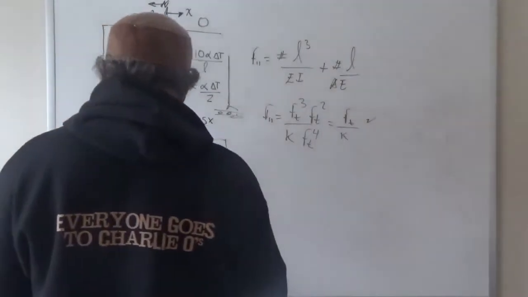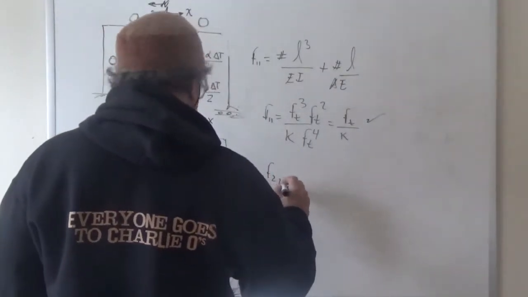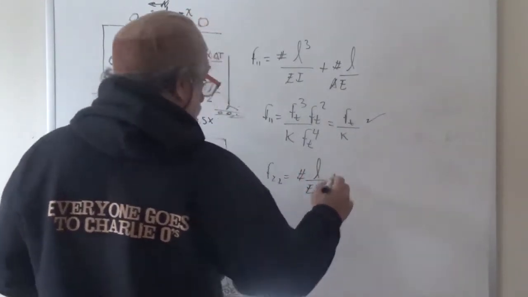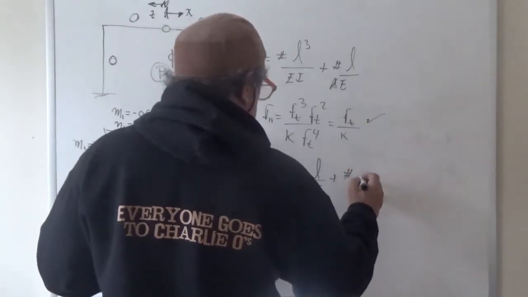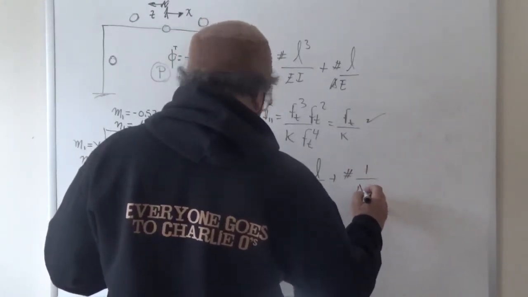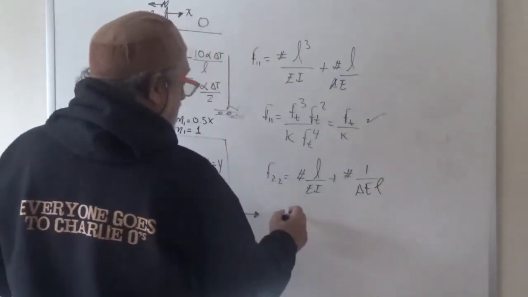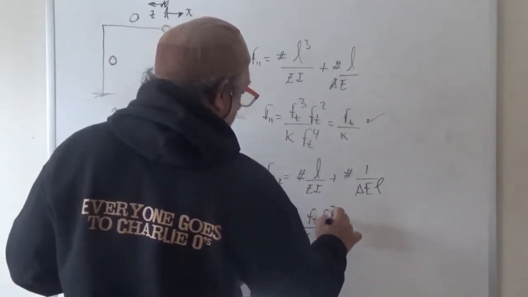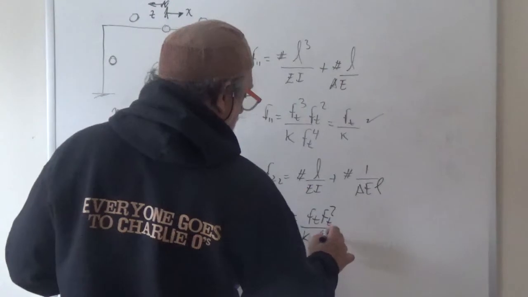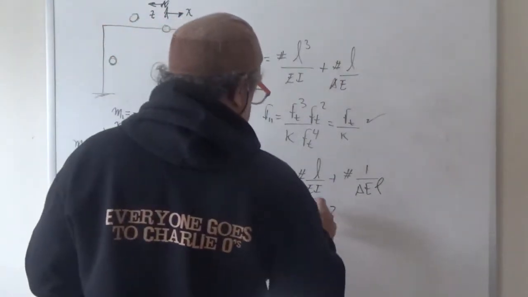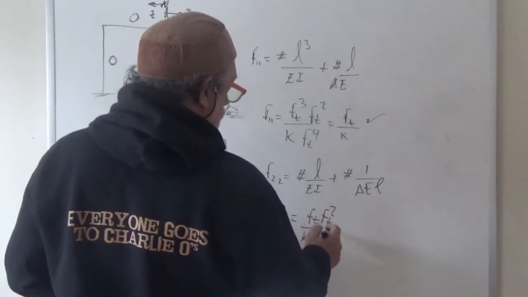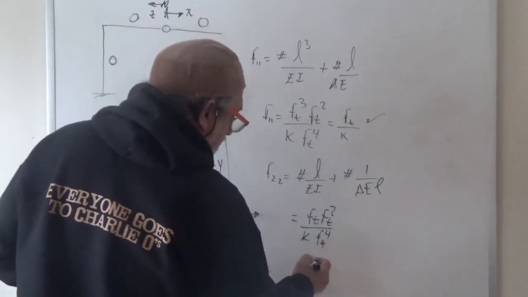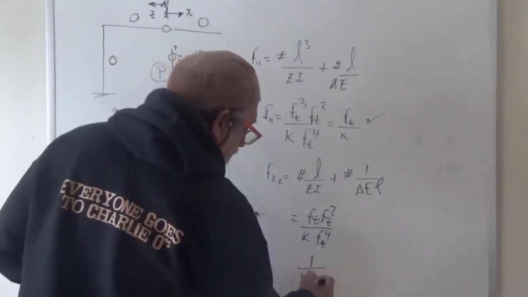Now we go to F22. And F22 is some number multiplied times L over EI plus some number, in this case 1, times 1 over AEL. So we see that this is feet divided by kips per square foot multiplied times feet to the fourth for the I, right? So this first part is feet cubed over kip feet squared, which is just 1 over kip feet, right?